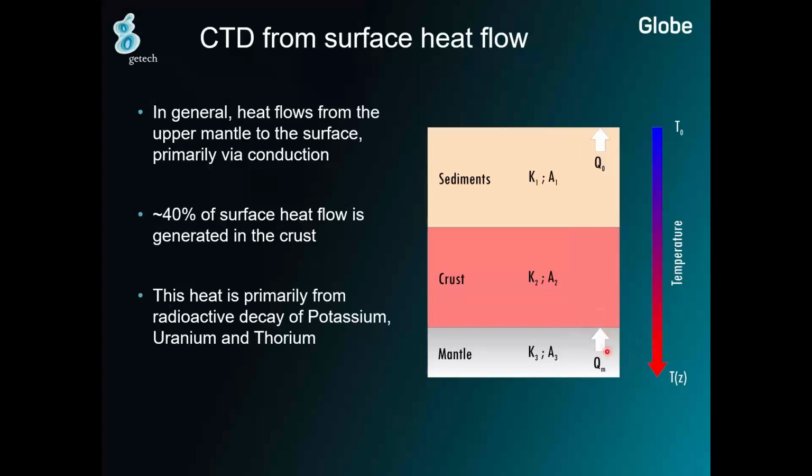And in fact, we find that the heat flow increases as we go from the MOHO to the surface, such that about 40% overall of the surface heat flow is actually generated within the crust based on these A values and the radioactive decay of potassium, uranium, and thorium, which are by far the main radiogenic elements within the crust.